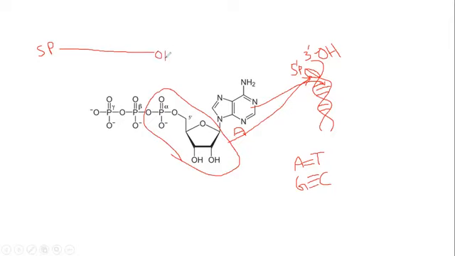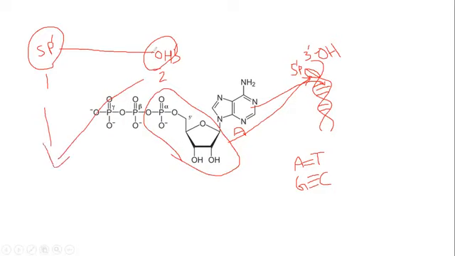While labeling, there are ways of labeling: one at the 5 prime end and the second at the 3 prime end. That is called end labeling. This is your end labeling.